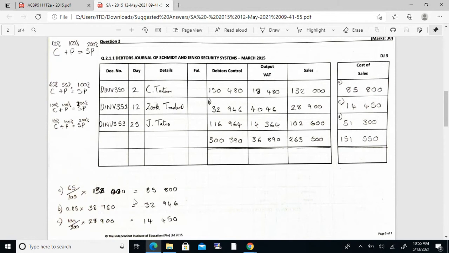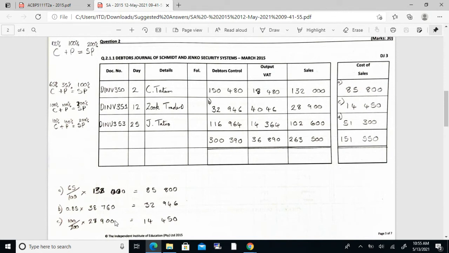But here we were supposed to calculate what would be the selling price exclusive of VAT if we had not sold these goods at a discount. Because remember, just because we sold these goods at a discount doesn't mean that the value of the actual goods is any cheaper, or any less than what it should have been.